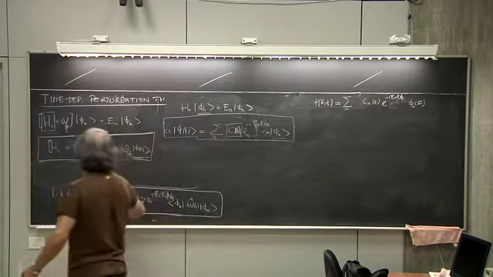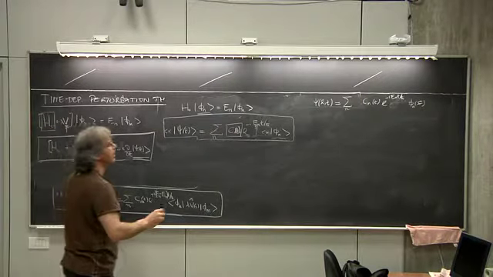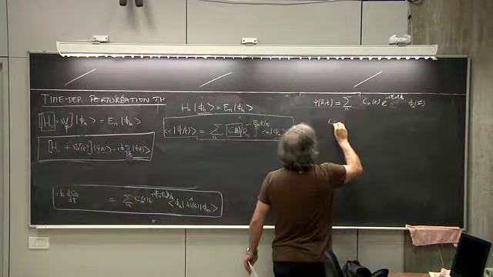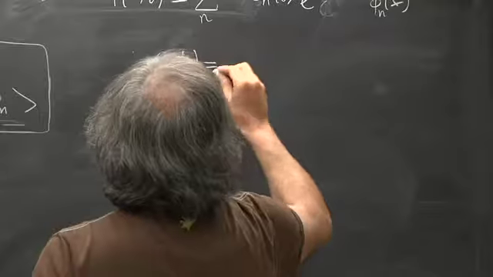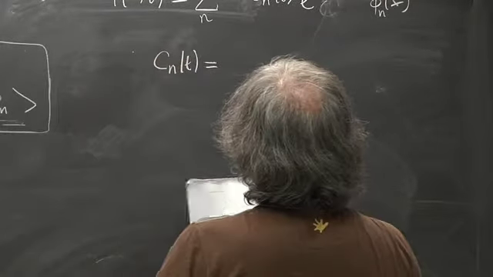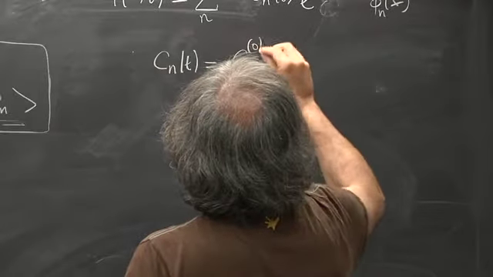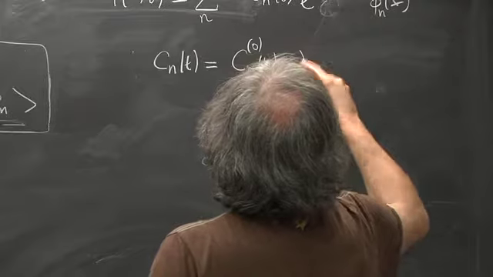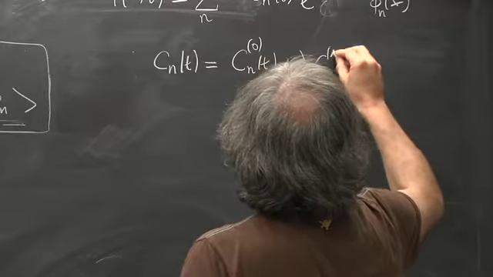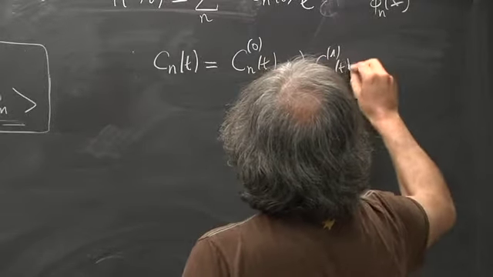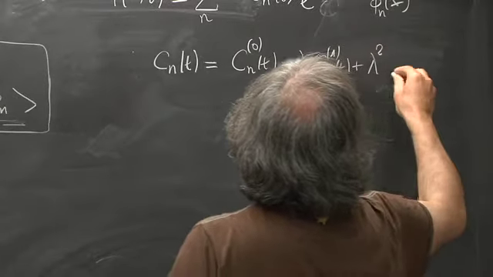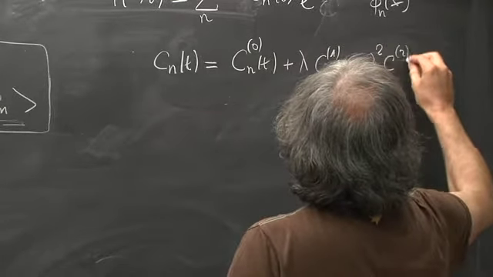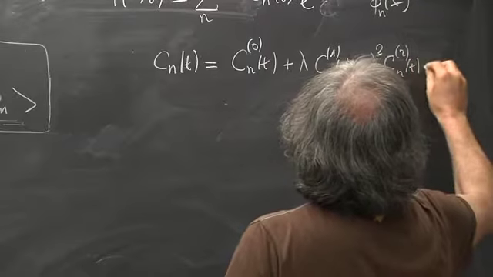I take this, and I assume the following. I say, okay, Cn of t will be some unperturbed object plus a term first order in lambda times C1 plus a term second order in lambda times C2, plus so on.